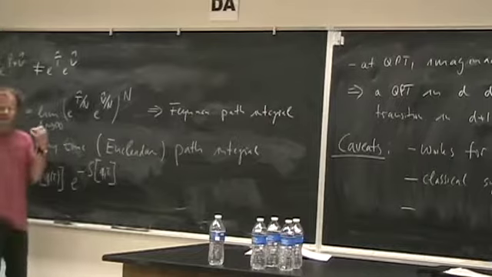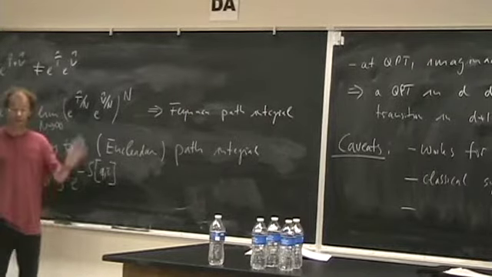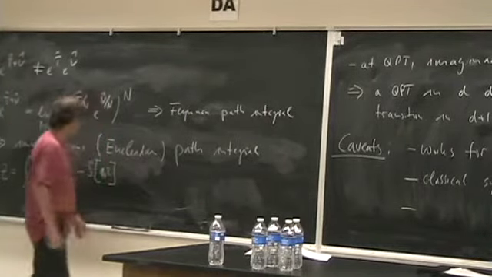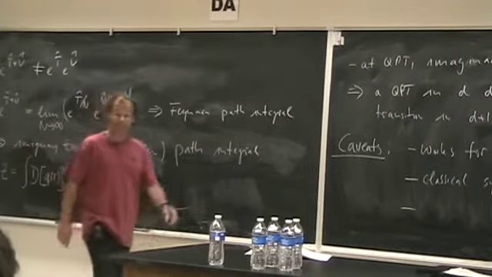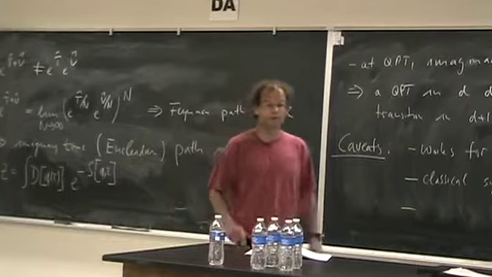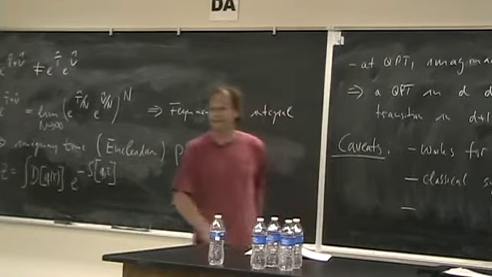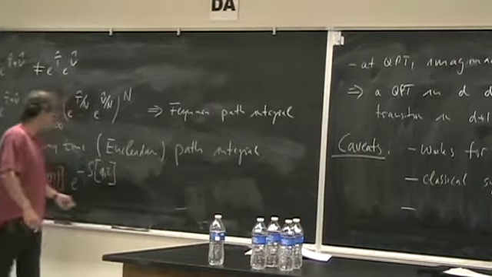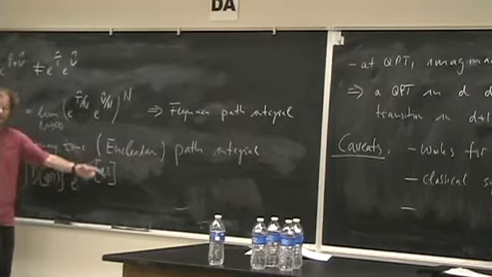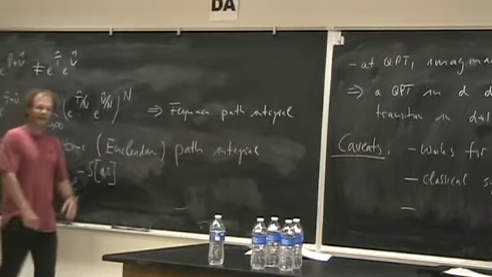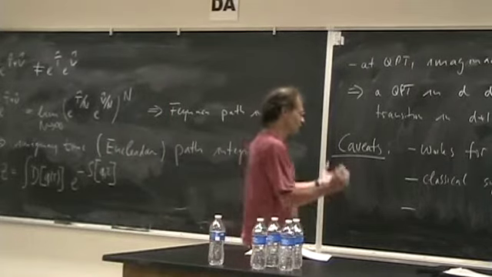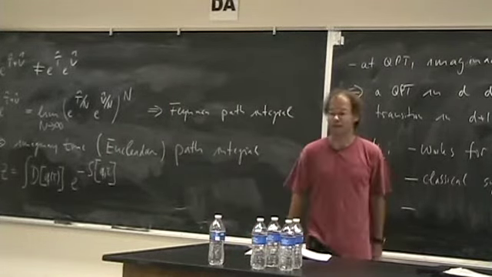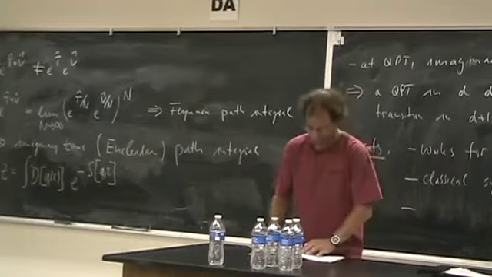In any case, whenever you get a real one, then you're in good shape and the mapping works. If you do get a complex representation, then you have what the numerical people, the computer simulation people, call a sign problem, right? Because then you cannot interpret this as a classical weight, a classical probability, and then for the numerical people, the Monte Carlo doesn't work. Or in general, in our case, we cannot map it to the classical system, right?